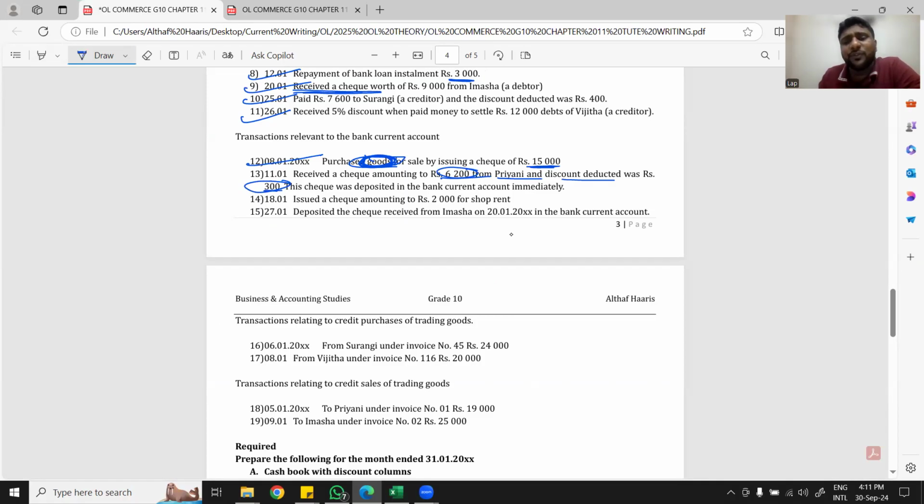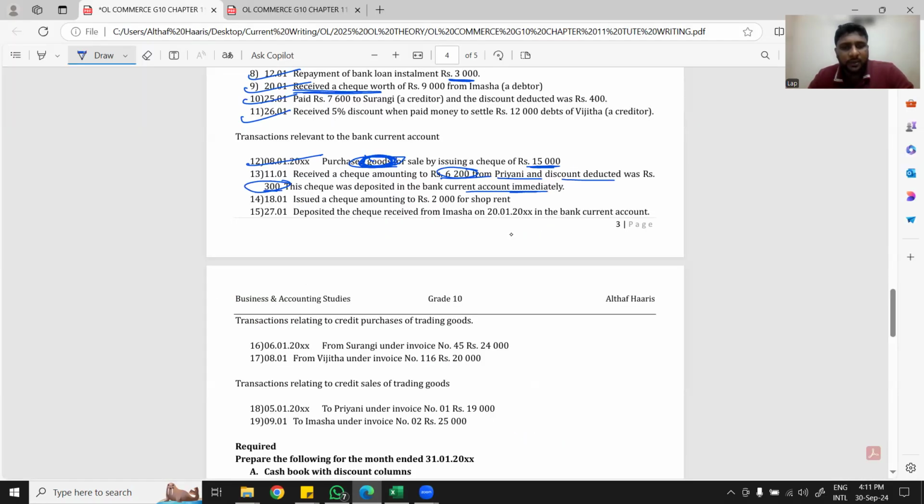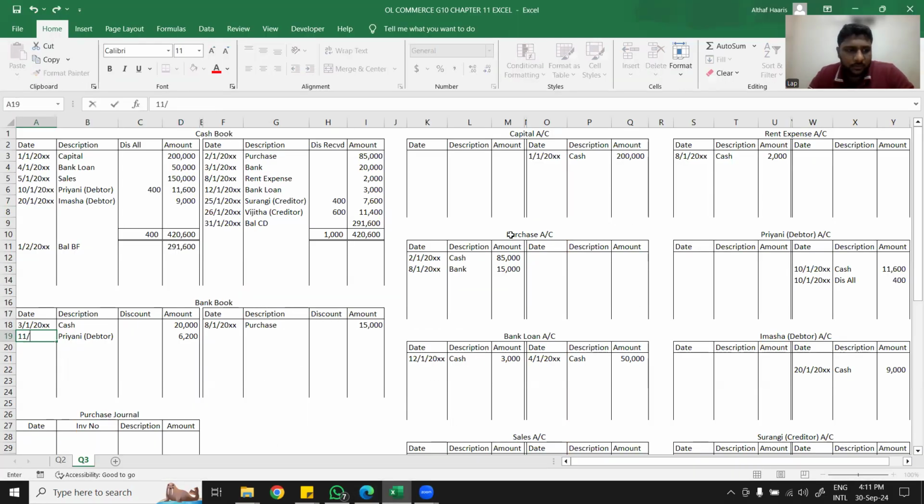At that time itself, you have deposited it to the bank, so it is directly going to the bank. 6,200, Priyani, date.